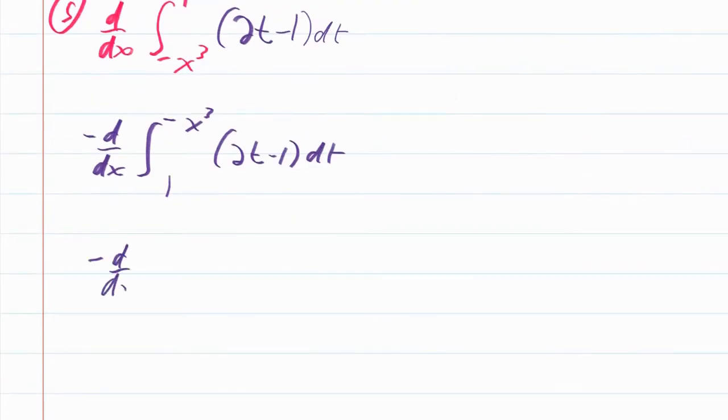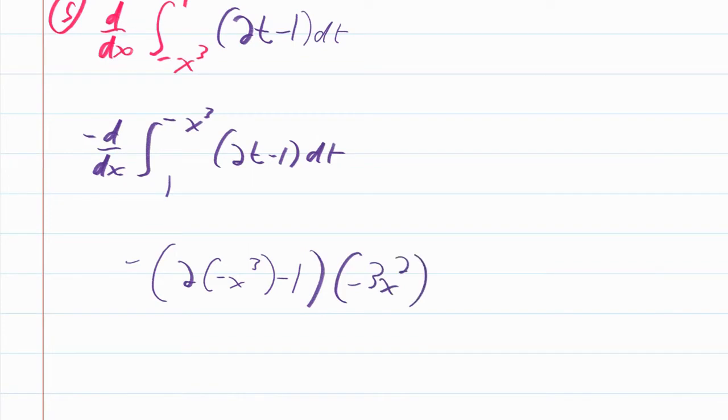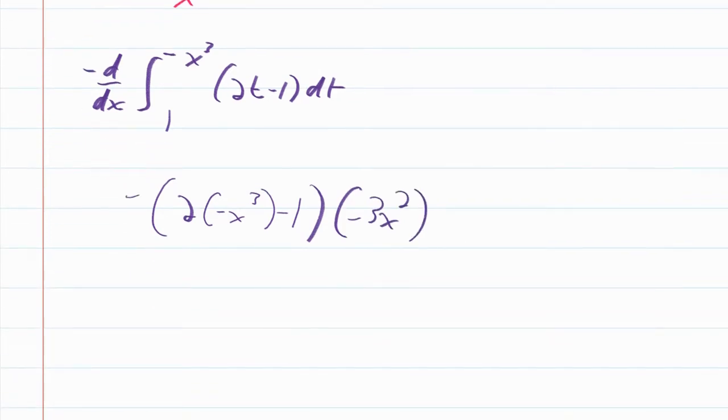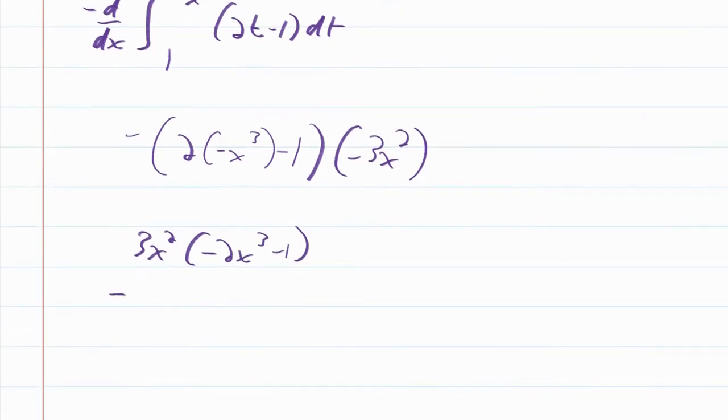So I have negative d dx of 2 times negative x cubed minus 1. And again, I don't do anything with the lower limit. Oh, sorry, I don't have negative d dx. I'm actually just taking its derivative, so that's out there. But I have to multiply by the derivative of negative x cubed, which is negative 3x squared. So the negative cancels, and I get 3x squared, negative 2x cubed minus 1. And I like to pull the leading negatives out to make this negative 3x squared, 2x cubed plus 1.